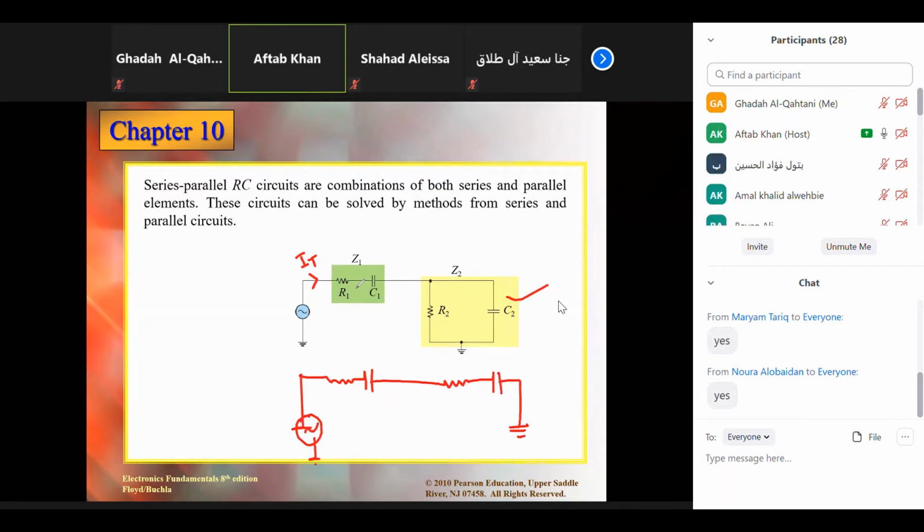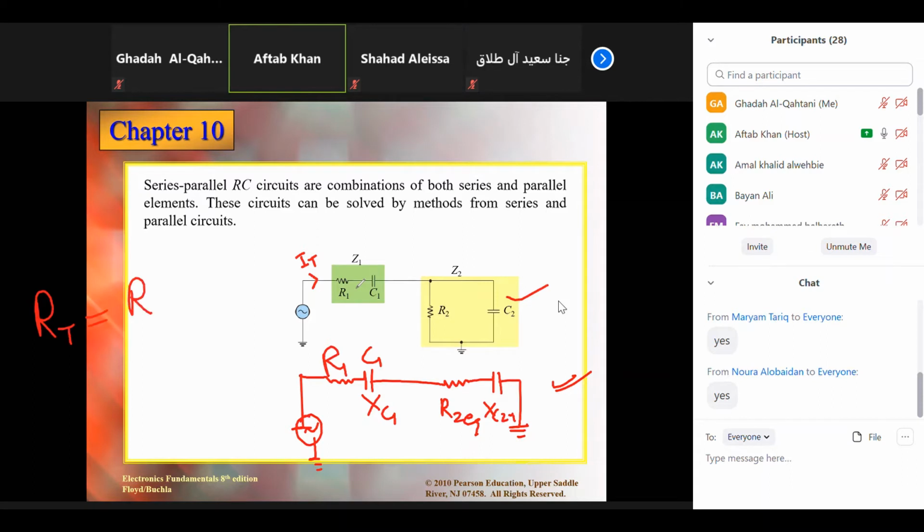The battery, then R1, C1, or we can say XC1, and this is R2, and after conversion we will get the equivalent XC2. Now this is a complete series circuit. So how much is the total?